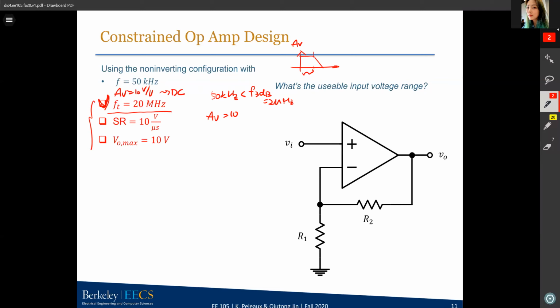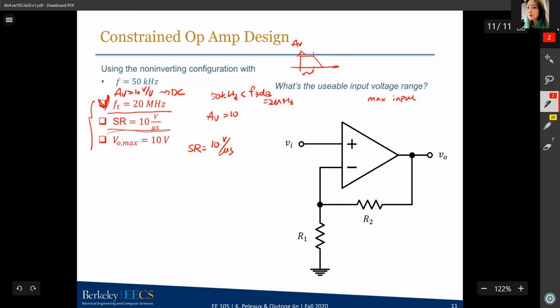And then I still want to use the slew rate for my design. My slew rate is 10 volts per microsecond. I want to know what's the input voltage range. That means you have to find the maximum input voltage you can have.